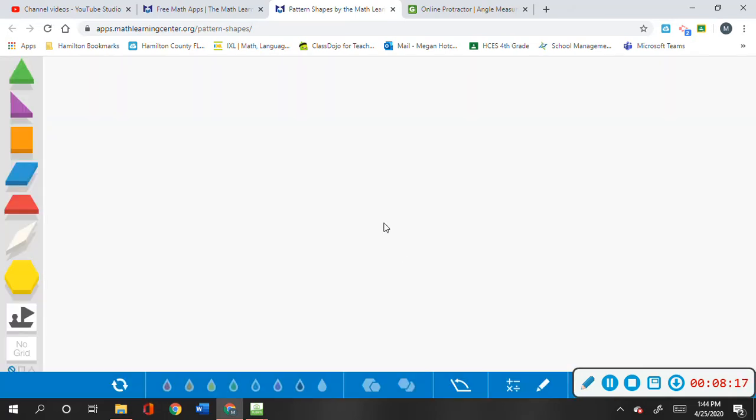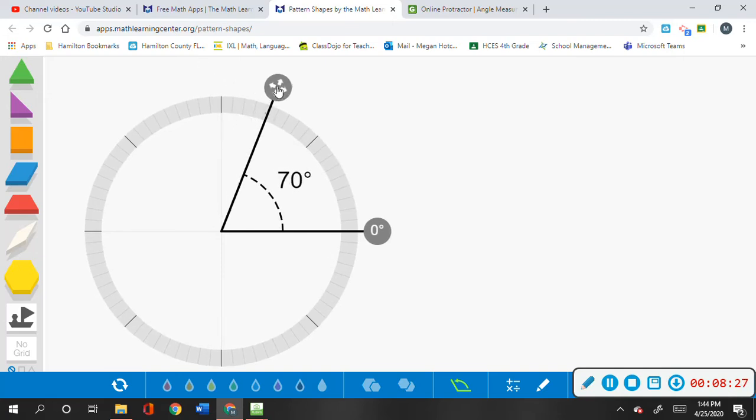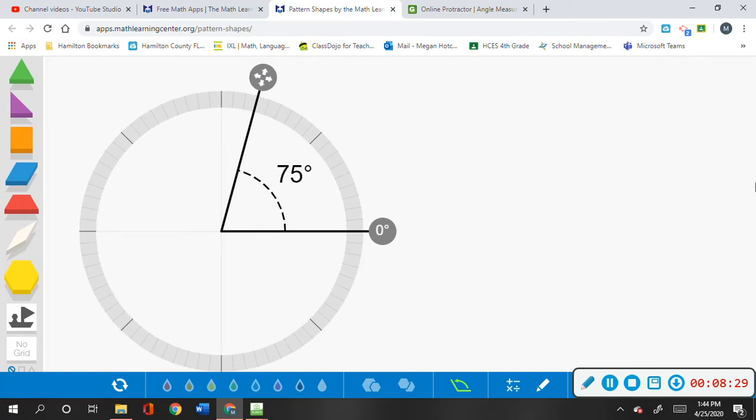Alright, number 15 says draw a 75 degree angle. This is why I said if you have the ability to open this app up, I would, because we can just move this and color it in. So click it. So if we wanted to make a 75 degree angle, it would look like this. And I'm sorry, I'm a little shaky.